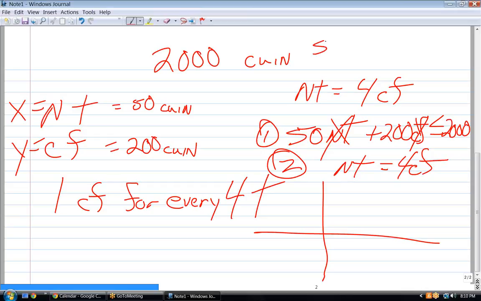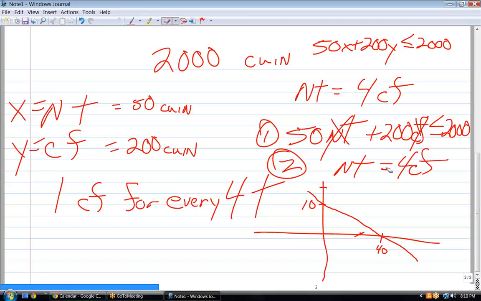So if I graph 50x plus 200y less than or equal to 2,000, the x-intercept is what? 40. And the y-intercept? 10. And it's this part of it.